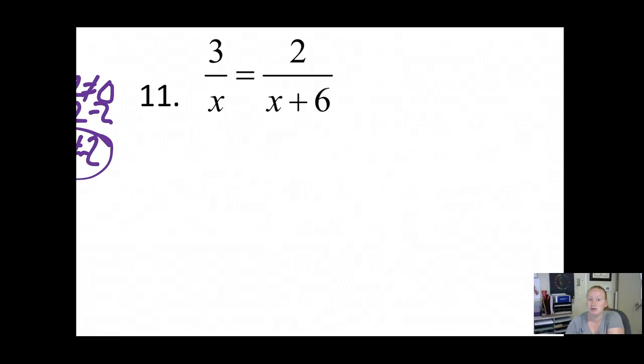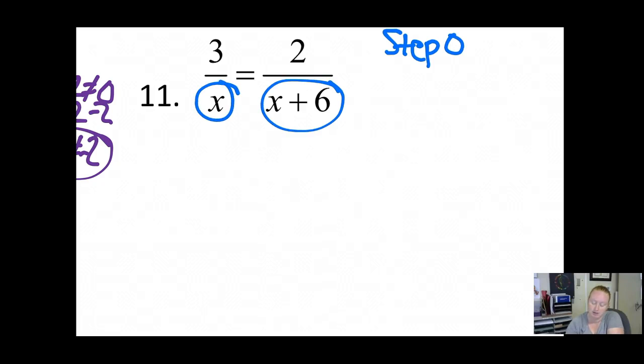In class we learned we're freaking out. It's a fraction. So I'm going to make my excluded values. That's step 0. So I have to circle my bottoms. I have to set my bottoms not equal to 0. Okay.